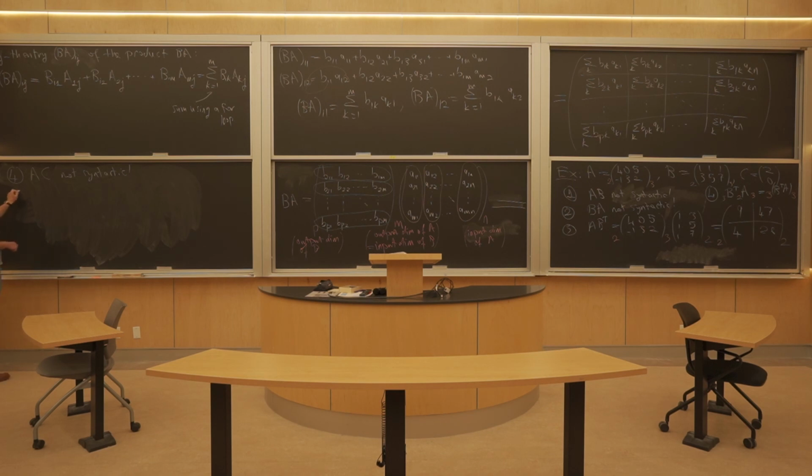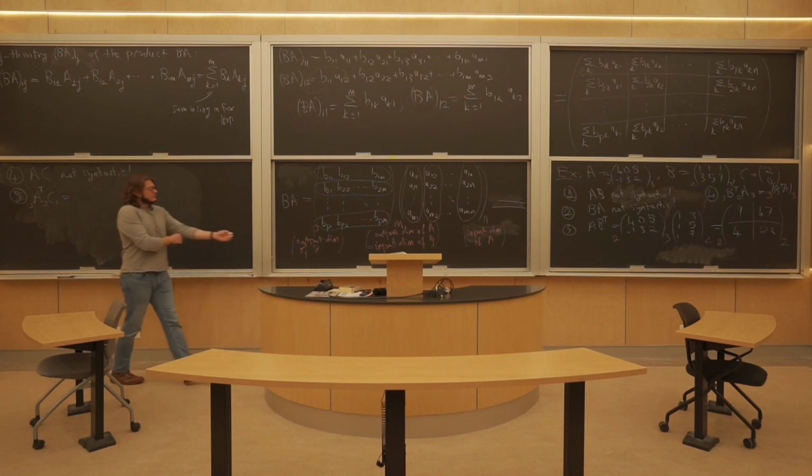But of course, I could calculate A transpose C. Because now I'm changing the inputs and outputs. I know that A is 2 by 3, which means that A transpose is 3 by 2. And C is 2 by 1. So this matches, and the end result is going to be a 3 by 1 matrix.